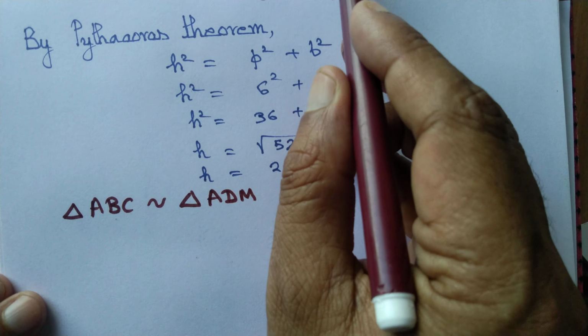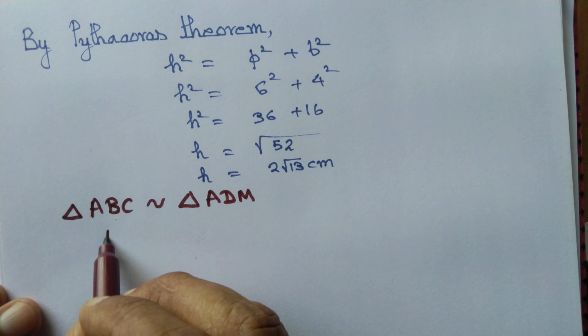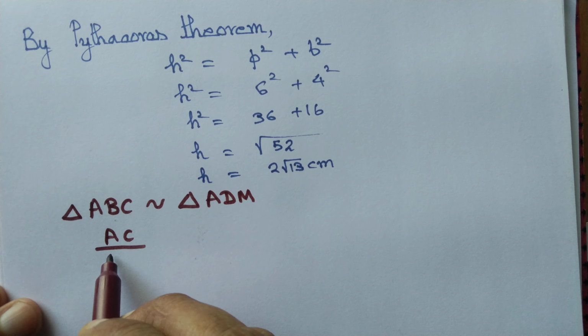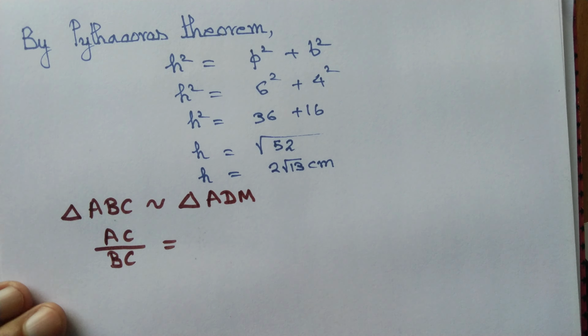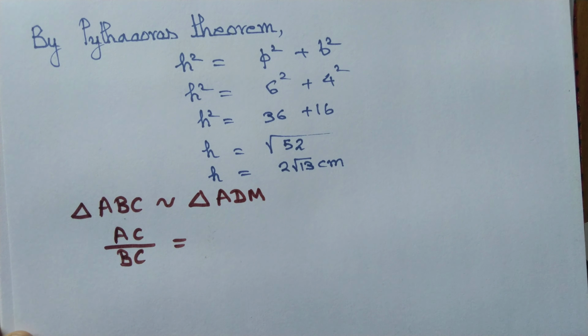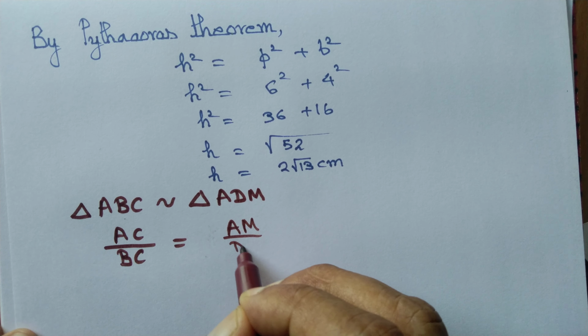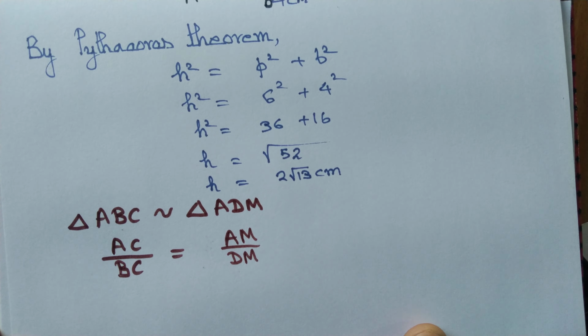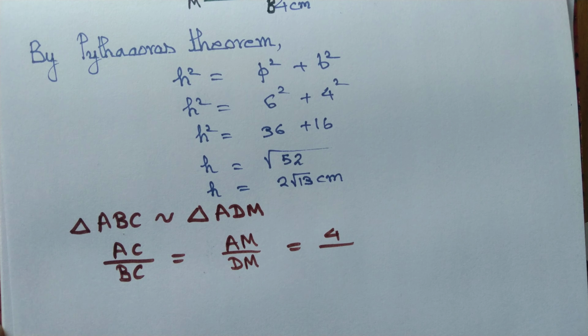and thus we know AC, we do not know BC. AC divided by BC must be equal to AM divided by DM. Do we know AM? Yes, that is 4 unit. Do we know DM?